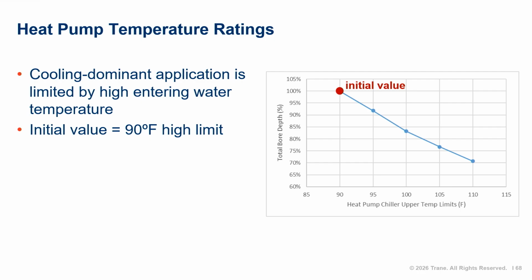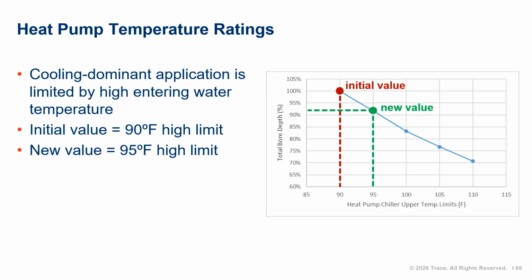For this project, we started out with an upper temperature limit of 90 degrees. By increasing the upper temperature limit by 5 degrees, the ground heat exchanger could be downsized by 8%. Further downsizing is possible, but the project team is concerned about giving up too much system efficiency. So we're going to settle on a new design limit of 95 degrees heat pump entering water temperature.